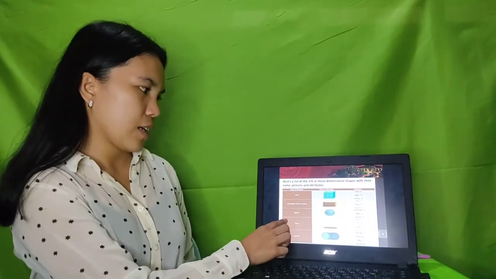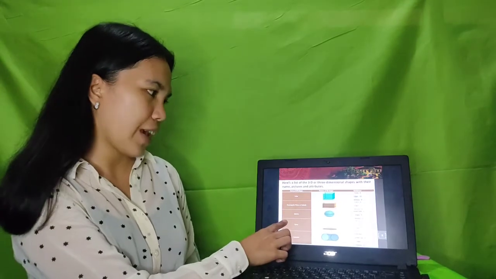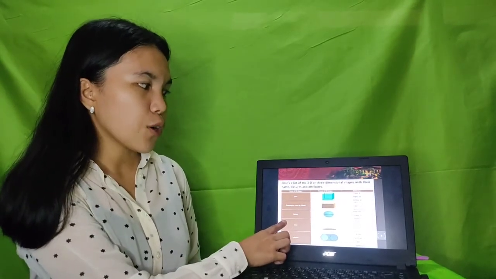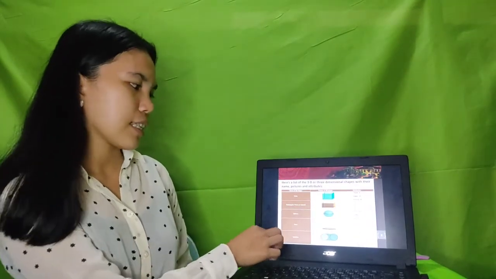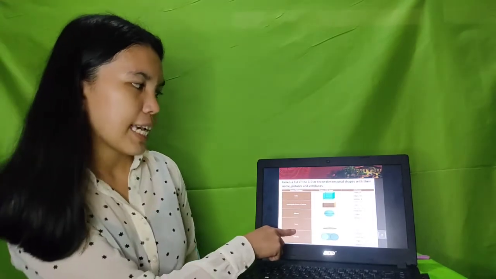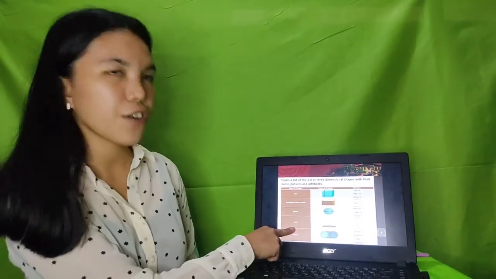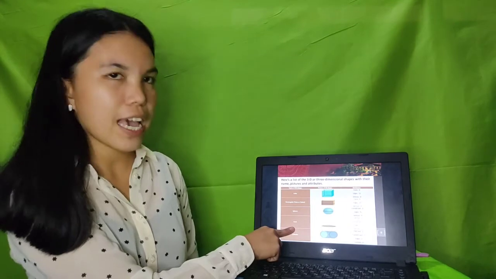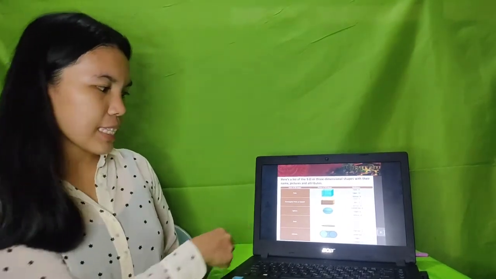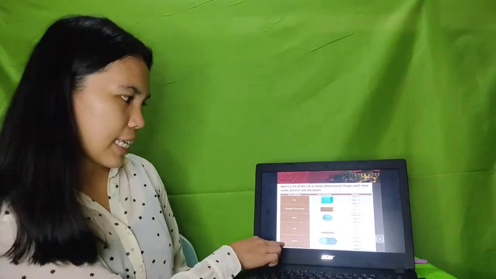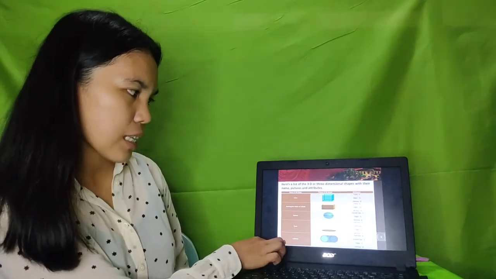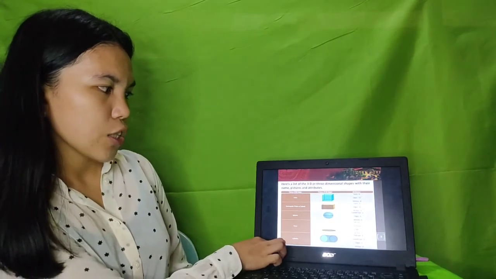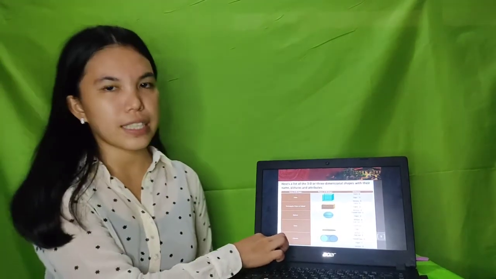Next is sphere. It has 1 curved face and no edges and vertices. Next is cone. It has 1 flat face, 1 curved face, 1 edge, and 1 vertex. Lastly is the cylinder. It has 2 flat faces, 1 curved face, 2 edges, and no vertex.